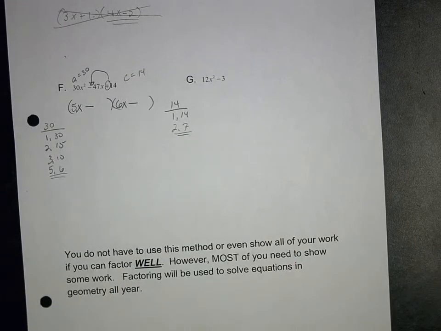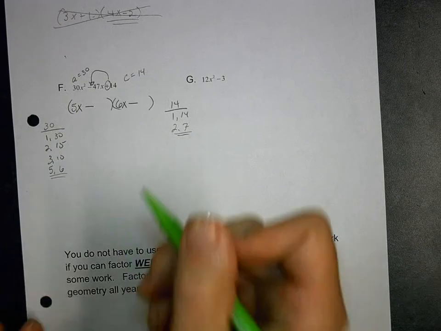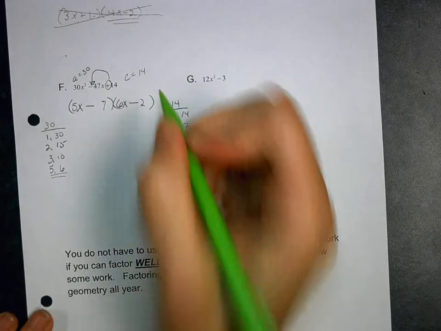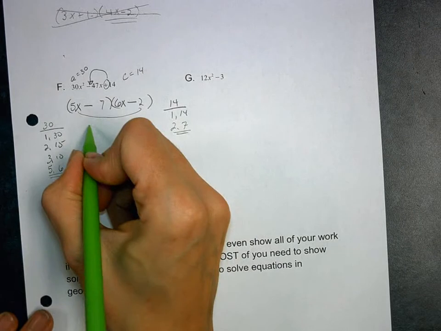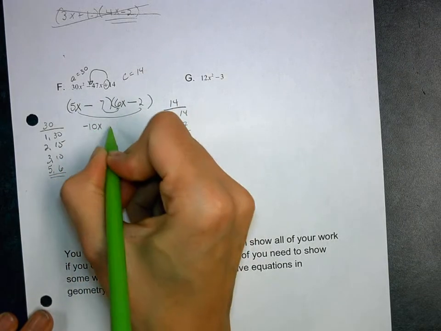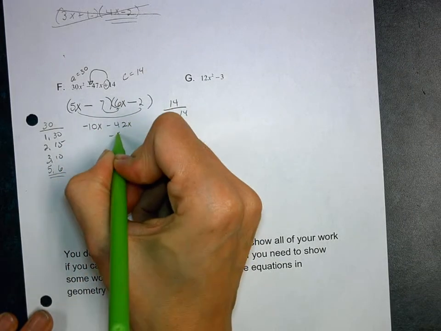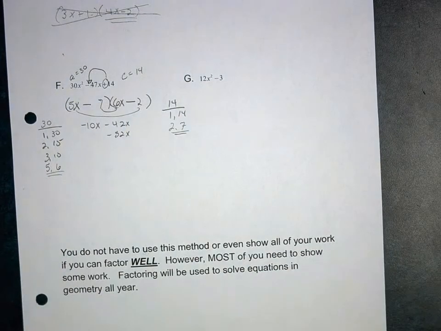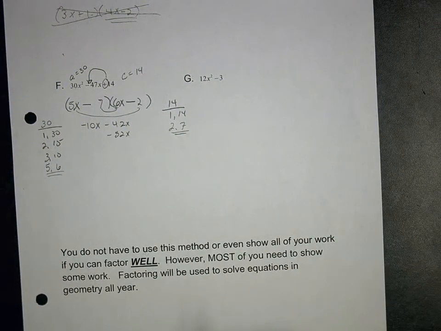So then I just plug them in to see what I get, okay? So I put a 7 here and a 2 here. I get here a negative 10x. Here I get a negative 42x. Oh, that's a negative 52x. Was that really smart? No, not really smart, because the moment I said 7 times 6, I knew it was 42. That was almost where my answer was.